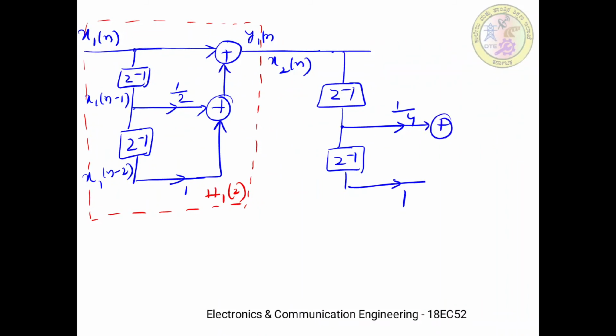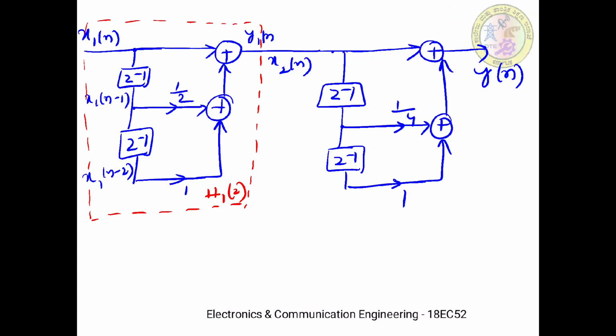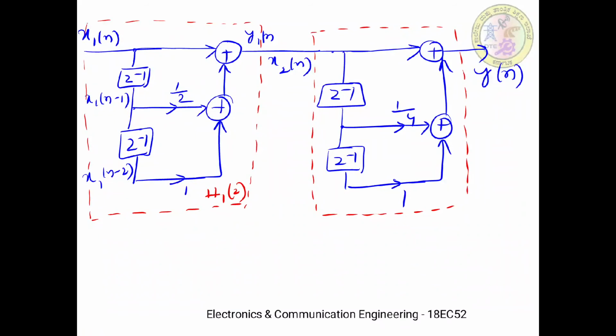Now this is added, and here this signal will be added with the x2 of n, and finally this is going to generate the y of n output. So here also we can show that this is the second stage, and this is h2 of z.